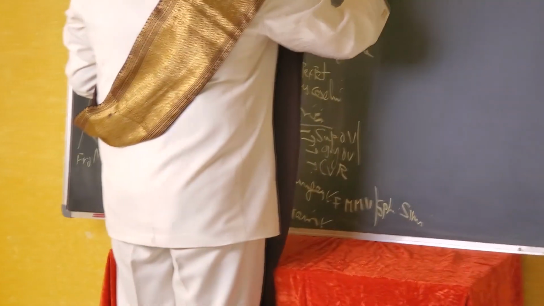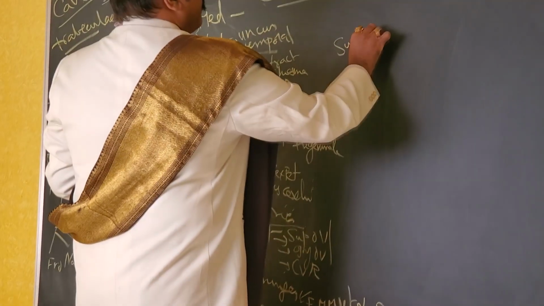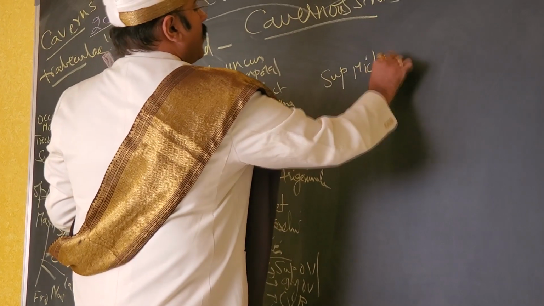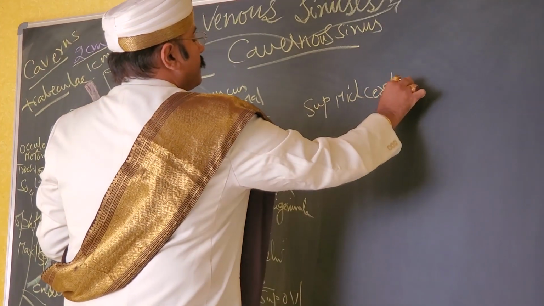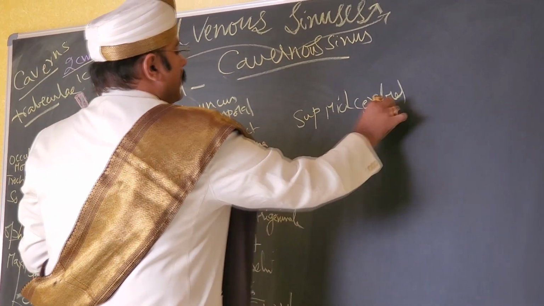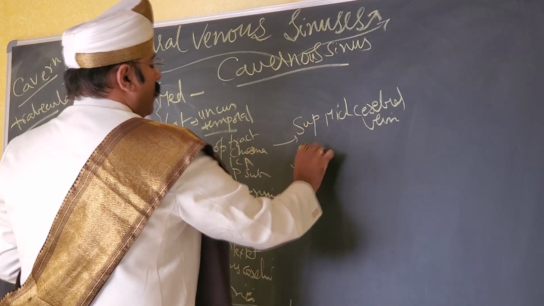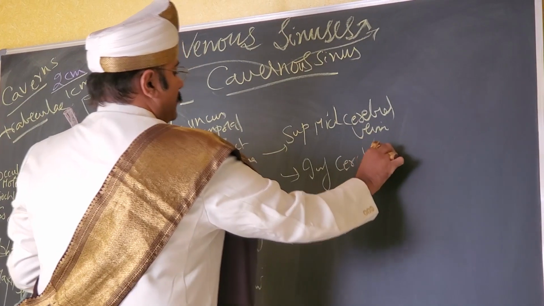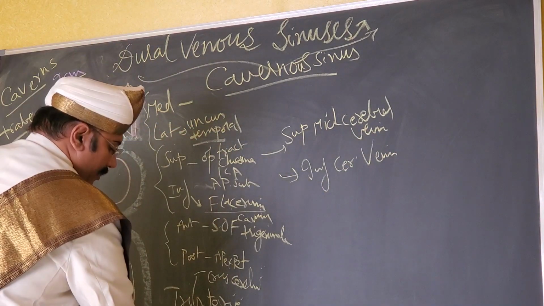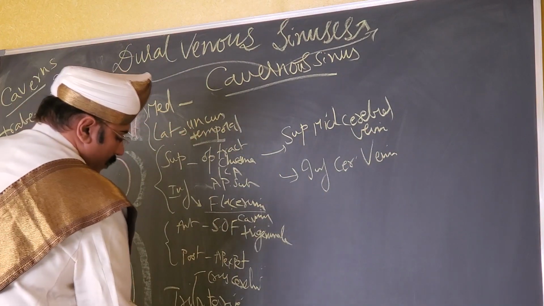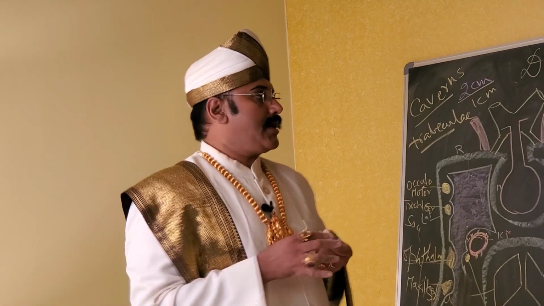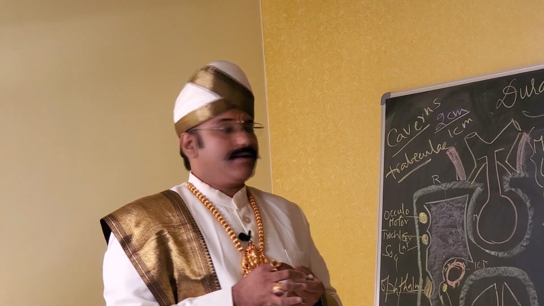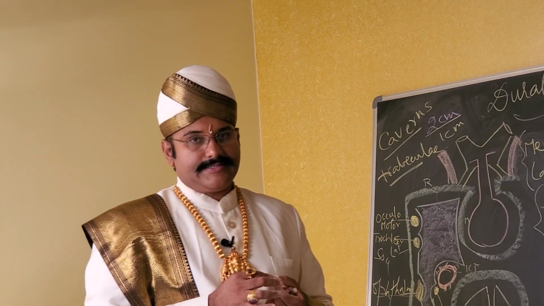So you have the tributaries from the orbit, from the meninges, and from the brain, which bring venous blood into the cavernous sinus.